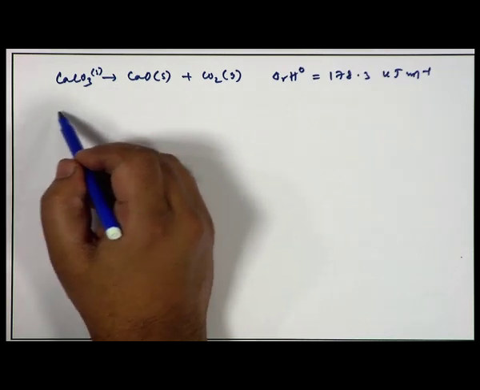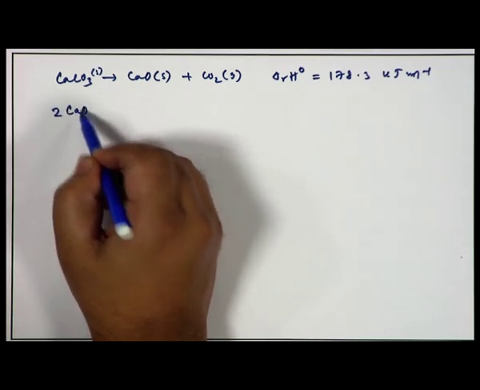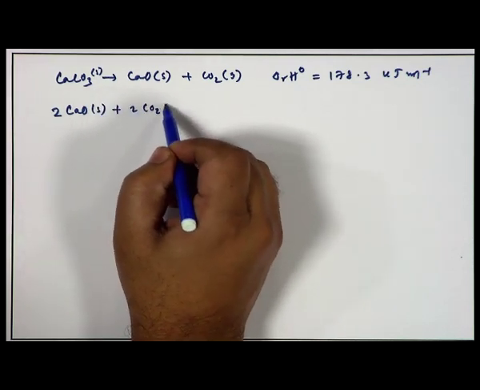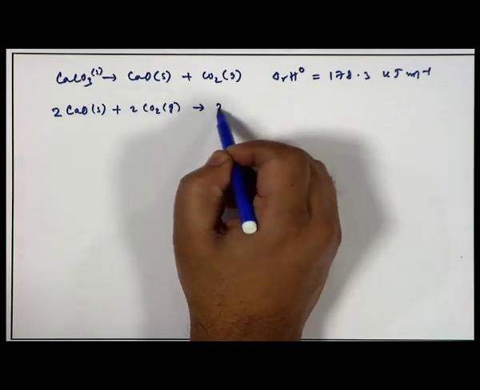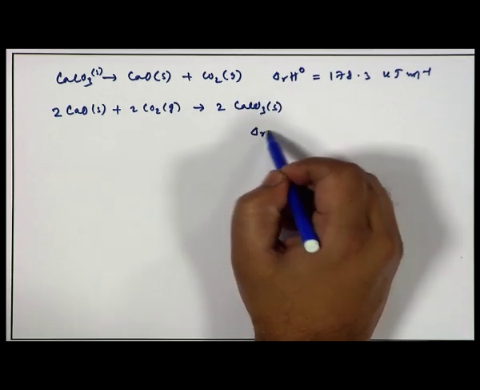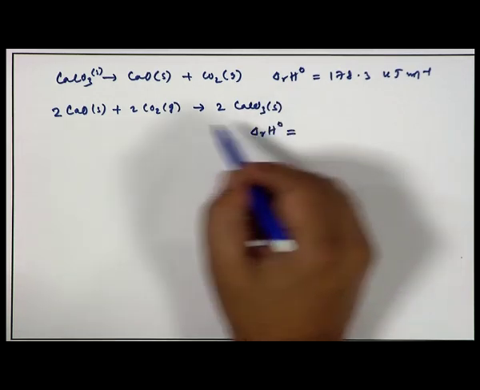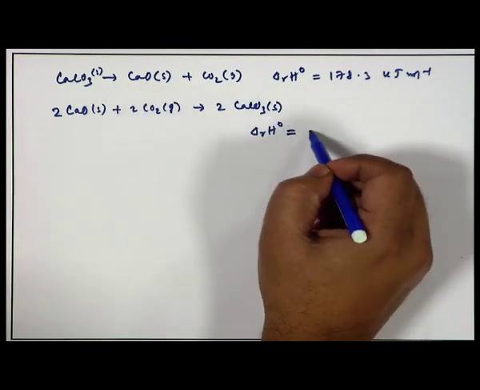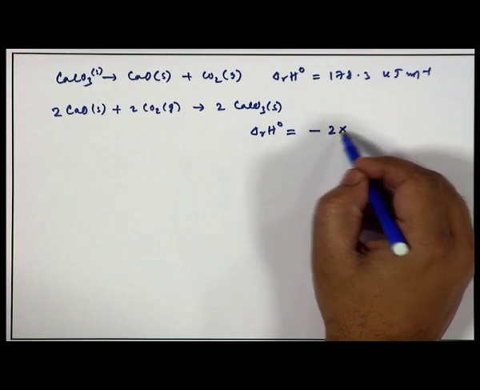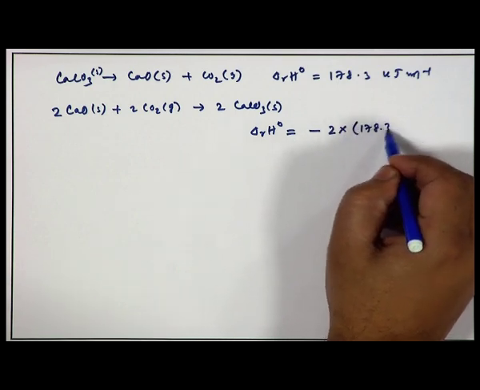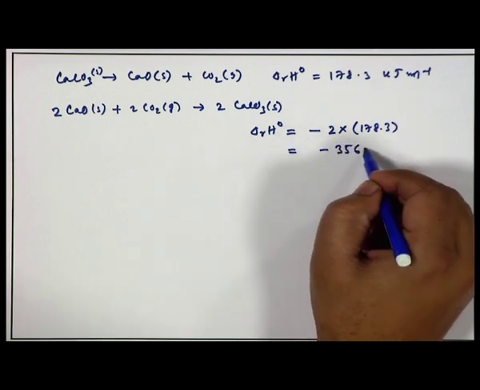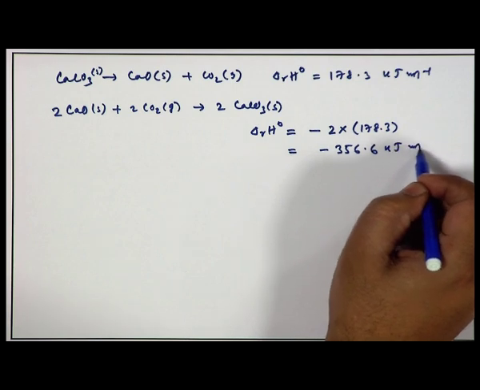So, if I multiply by twice this amount and reverse the reaction, then delta HR for this particular reaction would be reversed, so minus, and this is twice, so minus 2 into 178.3, which is minus 356.6 kilojoule per mole.